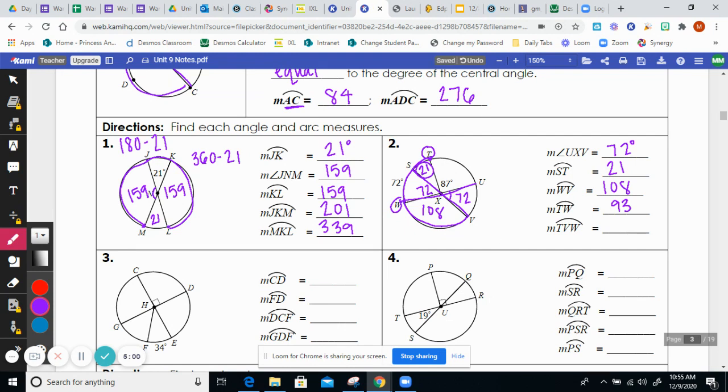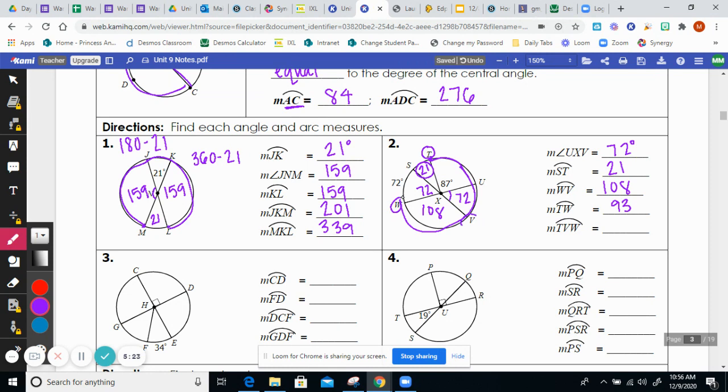All right, and then the last one that I want to find on this one is TVW. So I'm going to erase some of these lines. So TVW. So I start at T and I want to end up at W. So I'm going to go almost all the way around this circle. It's a very bad outline of the circle.